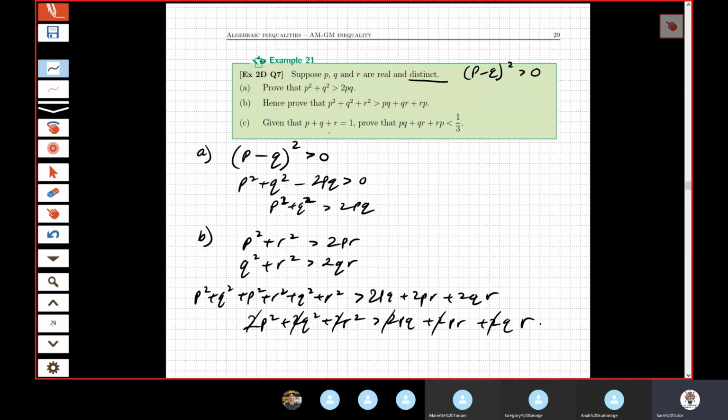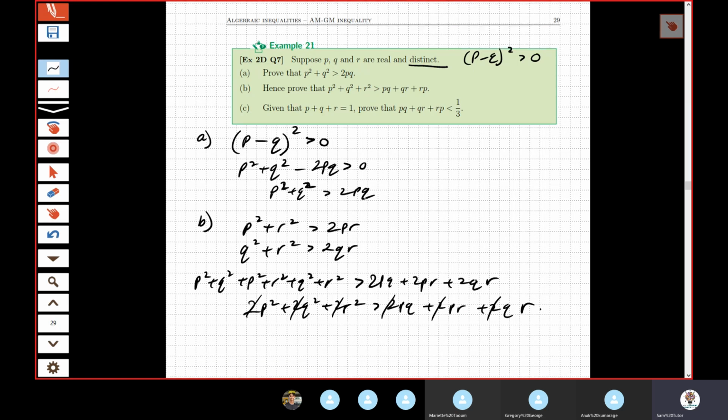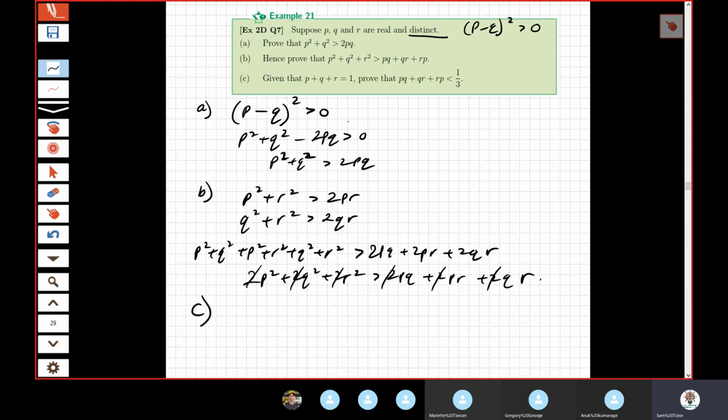Given that p plus q plus r is equal to 1, prove this right-hand side is less than a third. Okay. Given p plus q plus r is equal to 1. So many different ways of doing this.